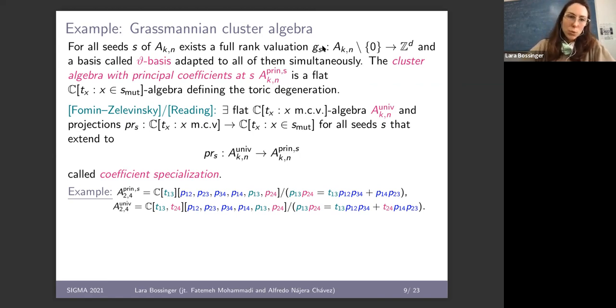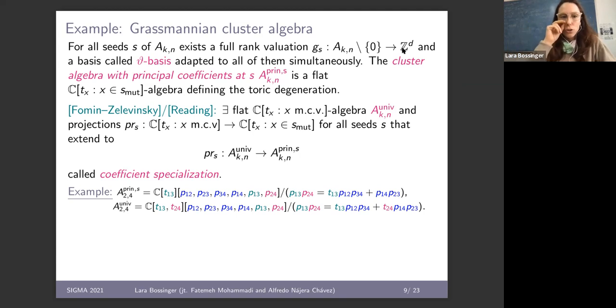What we can do with this grading, it's not hard to see, is that this grading defines a valuation on the cluster algebra, called the g-vector valuation, because g-vectors are these grading vectors that Fomin and Zelevinsky introduced. For every seed, we have a valuation, closely related with the cluster algebra with principal coefficients, that simply sends a cluster variable, or more generally an element of the cluster algebra, to its g-vector.